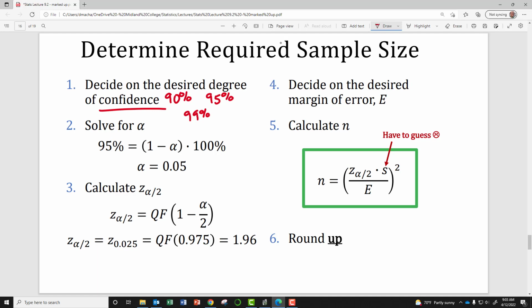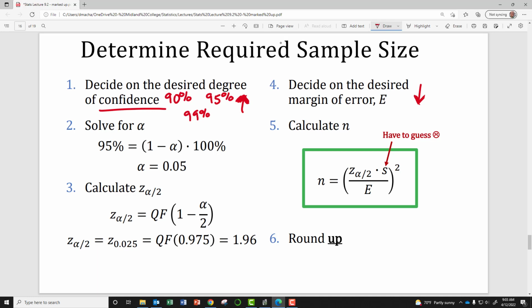So we want our confidence to be high, we want our margin of error to be low, but both having a higher degree of confidence and having a smaller margin of error, those will both have to increase our required sample size. But anyways, the steps to doing this, you're going to solve for that alpha.